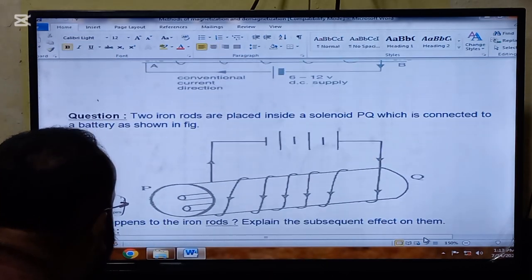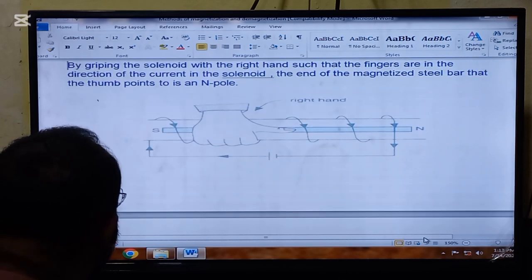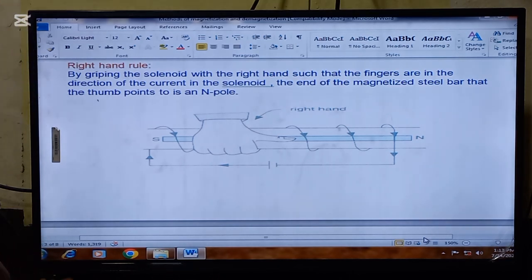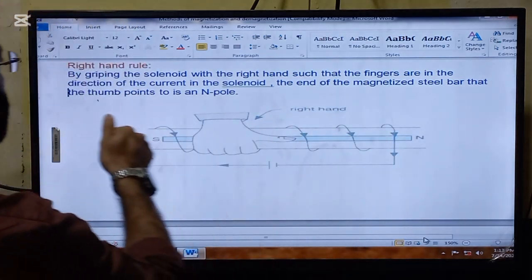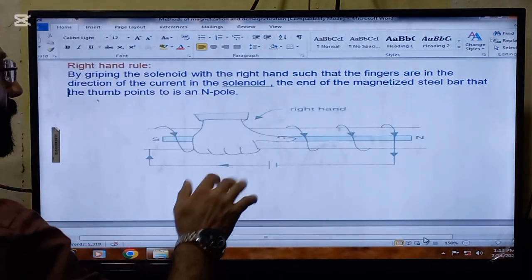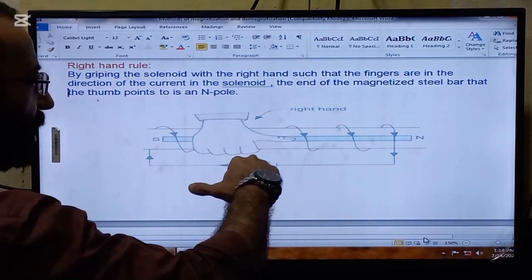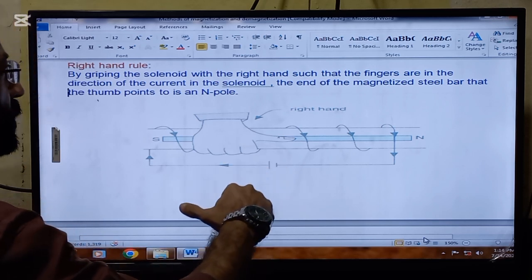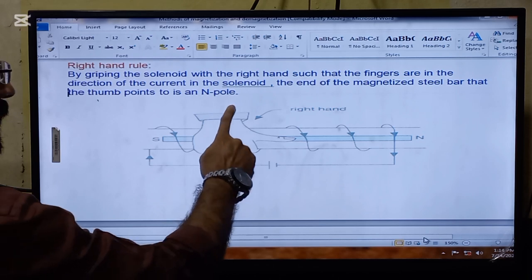Another thing that is very important for deciding the north and south pole is called right hand rule. By gripping the solenoid with the right hand such that the fingers are in the direction of the current in the solenoid, so whatever the direction of the current is, grip the rod that is magnetized with the right hand in such a way that the fingers are in the direction of the current in the solenoid.